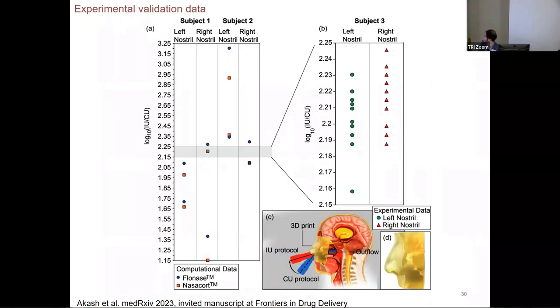On the left, you have the CFD numbers for the two subjects. It is measuring IU over CU, the improvement with IU, on a log scale. The range is from 1.15 to around 3.25, so basically 100 times to around 300 times improvement with IU using the particle size distribution. So it is different from those line plots that I showed you.